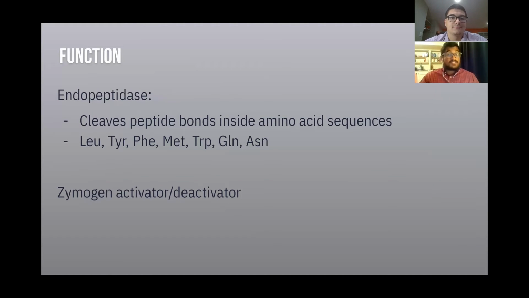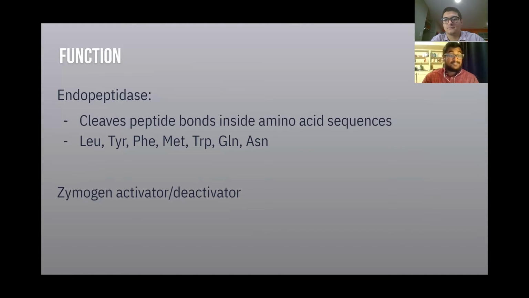And again, what John was alluding to with the binding pocket, it's a hydrophobic binding pocket. What makes chymotrypsin in general so important is that it allows aromatic and other very hydrophobic amino acids to combine and get cleaved. And that's not what a lot of enzymes can do. It's a very hydrophobic enzyme.